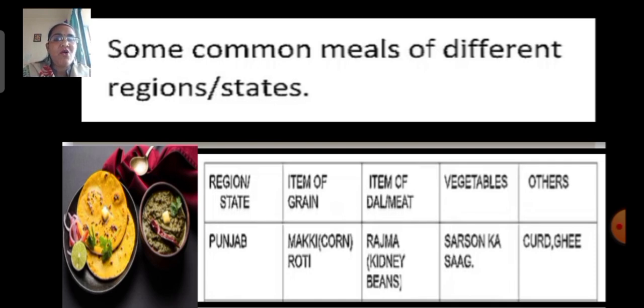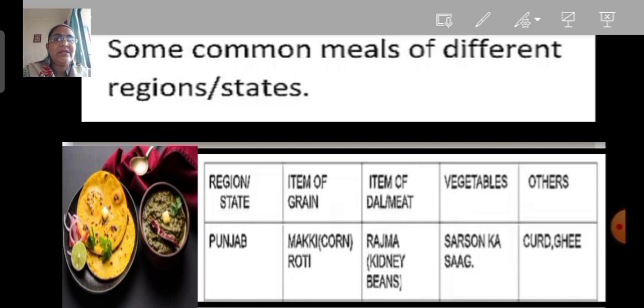In Punjab, common meal is makke ki roti and sarson ka saag with rajma, curd and ghee. Here, makke ki roti is made from grain corn. Then dal item is made from rajma that we call as kidney beans, which is a source of protein. Vegetable is sarson ka saag along with curd and ghee.